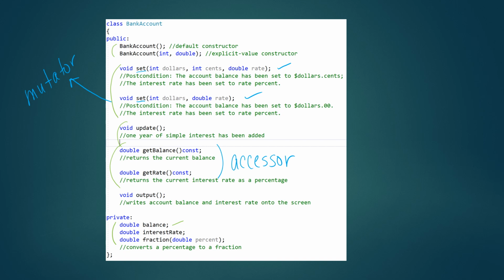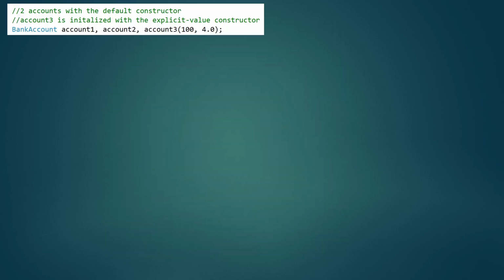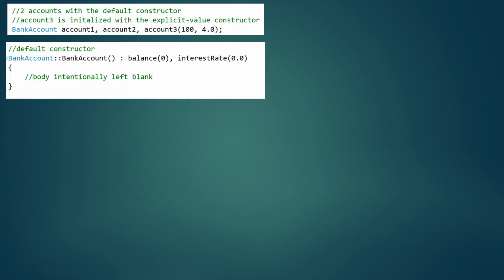So let's just take a quick look at using this a little bit. So first we're declaring 3 accounts here. Account 1 will be initialized with the default constructor. Account 2 will be initialized with the default constructor. And account 3 will be initialized with the explicit value constructor.